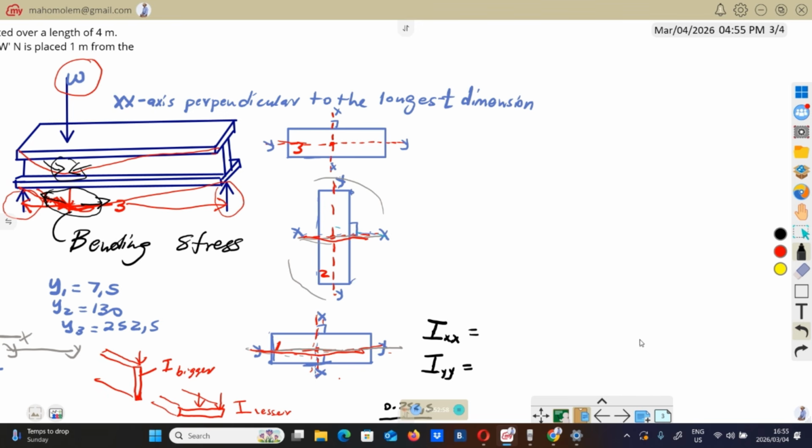IXX is going to give us the strength of this ruler when you place your ruler like this and then you apply force.